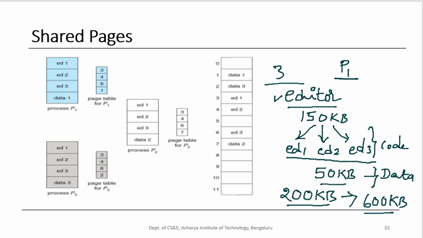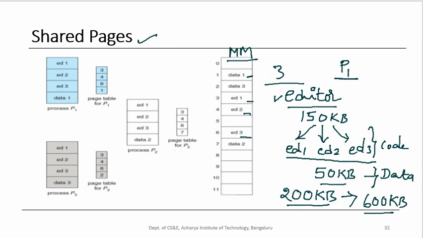But because of the concept of shared pages, what can be done is that you load ED1, ED2 and ED3 in different frames in the main memory and allocate 3 frames for storing the data of each process.